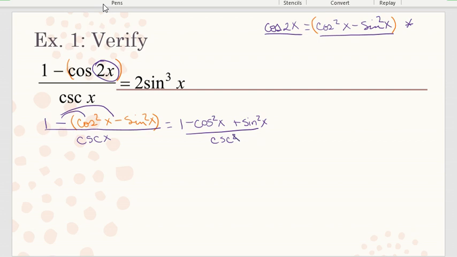Oh, cosecant x, there's no squared in that. My bad. All right. So the next thing I'm going to do, when I look at this, number one, there I have a sine cubed over here. So I like the sine squared because that probably means I'm well on my way.